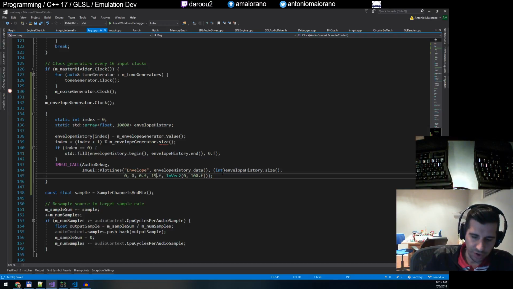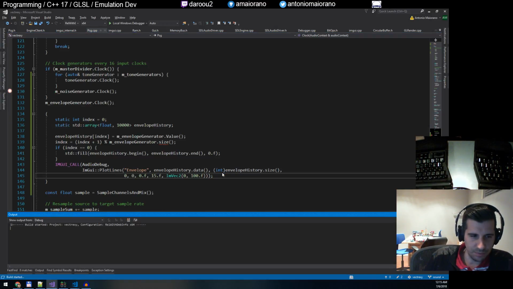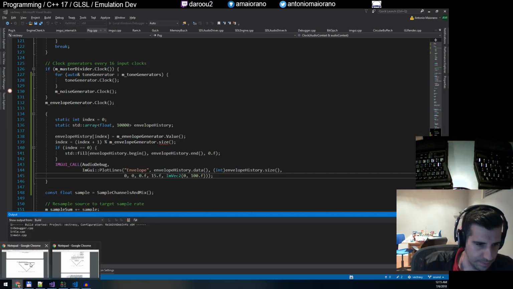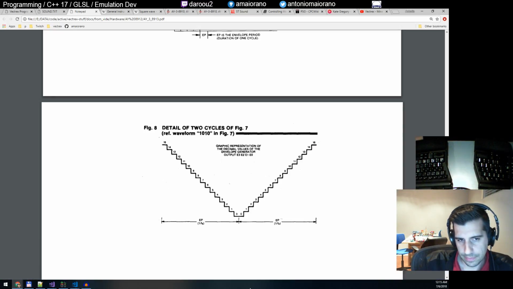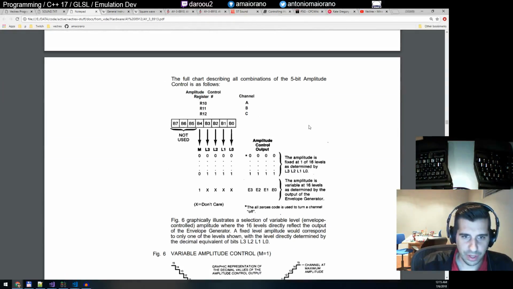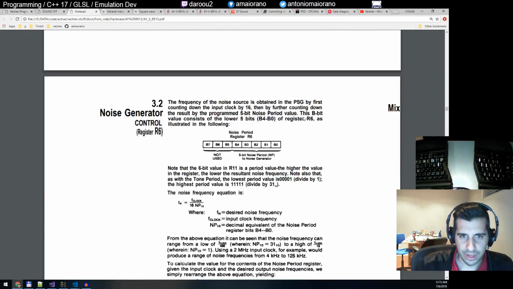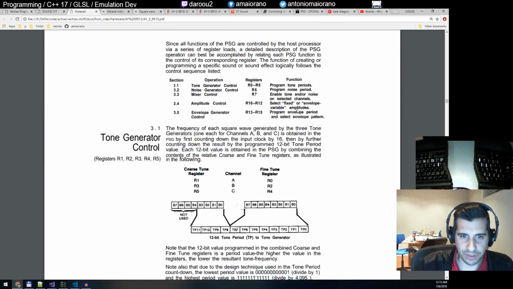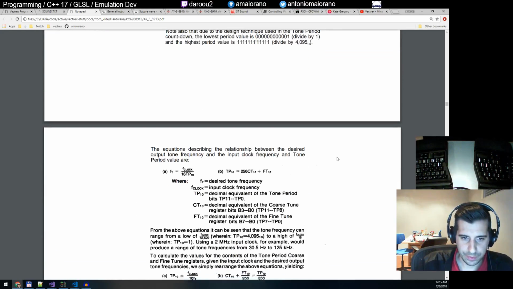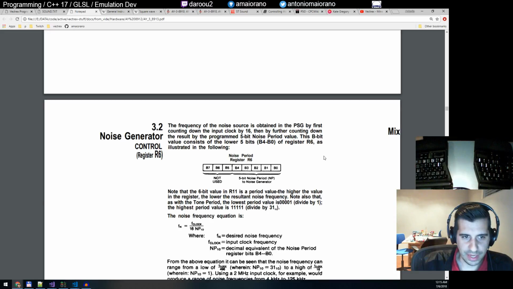And I was wondering if I should be putting divide by 32, but I just can't reason about why that would be correct, unless I'm missing something. Because the fact that here it says EP is this, that's basically what I want, right? I want to be able to do one of these in one EP. If we go back to tone generator, although I don't think it says it in the tone generator, because we know it's a square wave generator, it's not really going to say it.